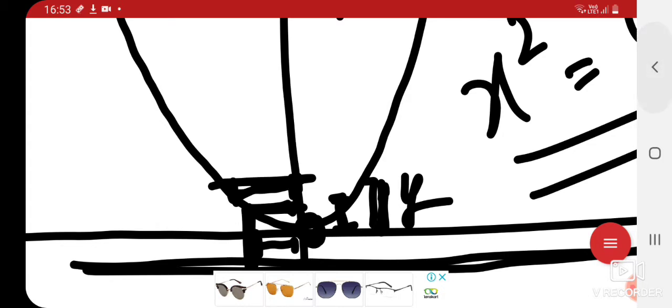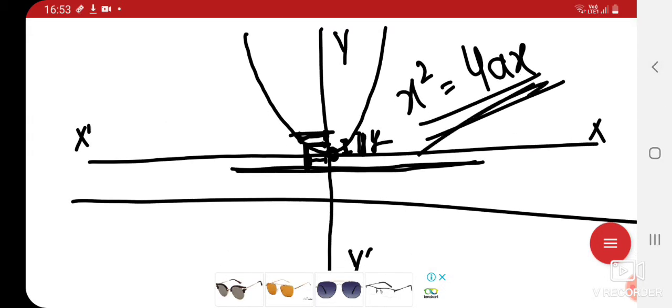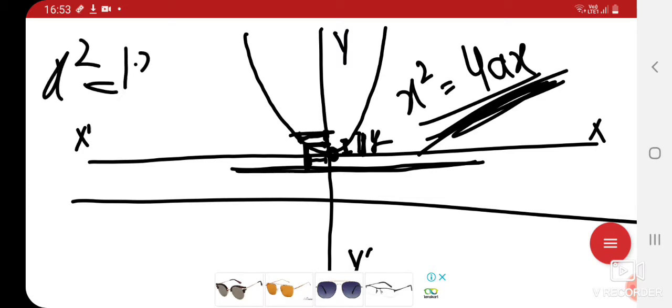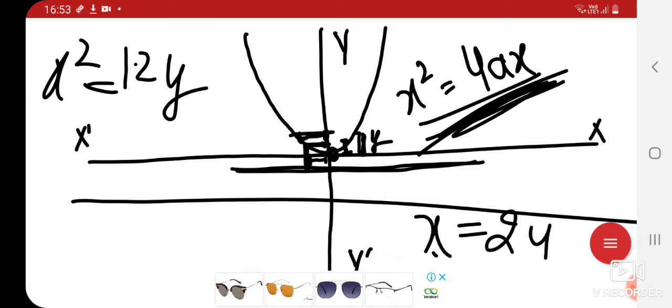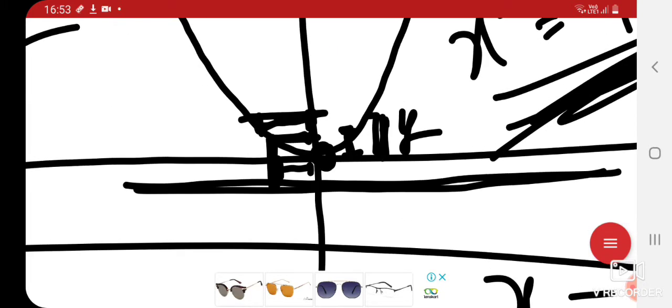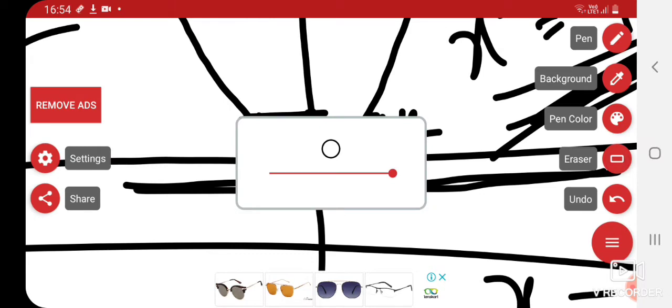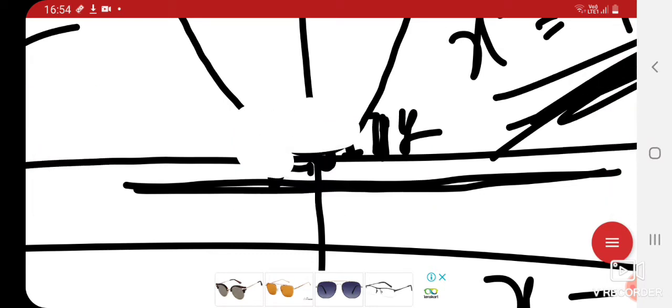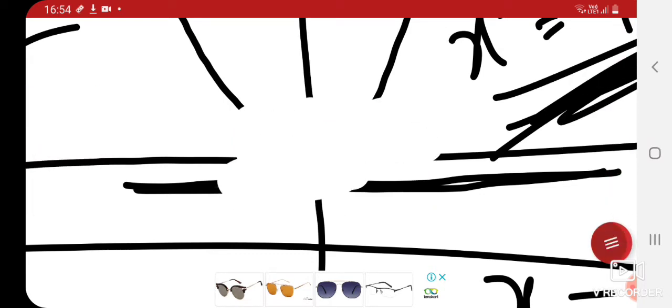What does this mean? This means that whatever your equation is, let's say this equation is x square is equal to 12y, you have proved that this x must be equal to twice of y. Here, let's make it clear.